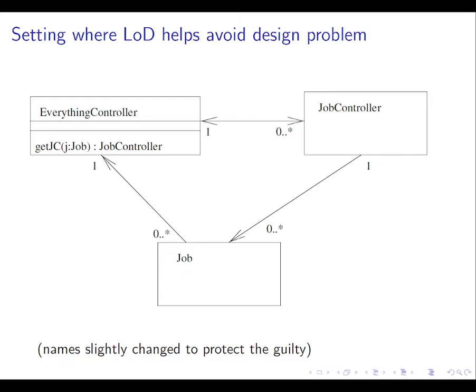So instead, what did they decide to do? They decided to allow job, which could already contact everything controller for other reasons, to get hold of its job controller by inventing this extra operation getJC that took a job and returned a job controller, and adding that as an operation of everything controller.